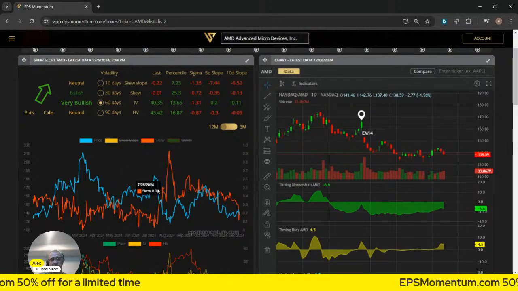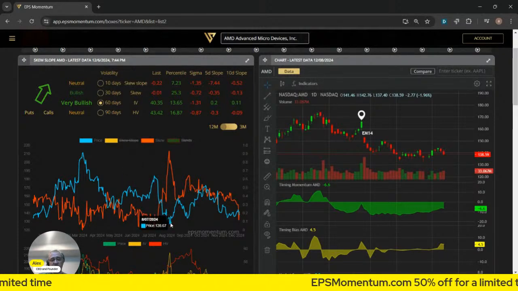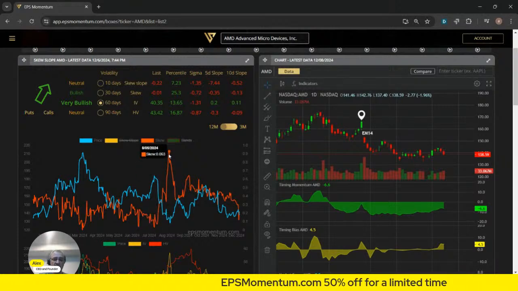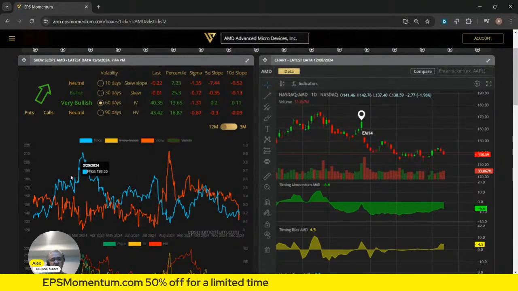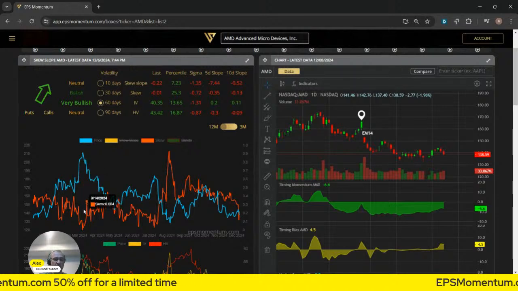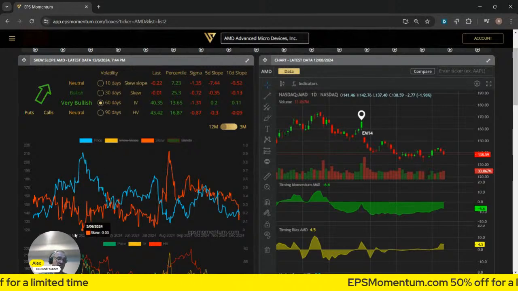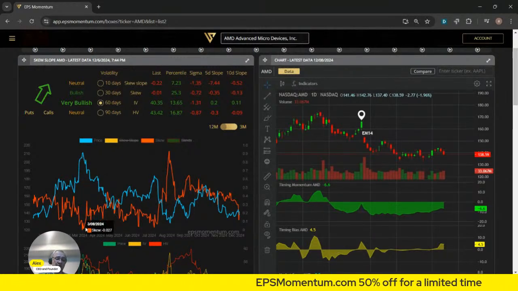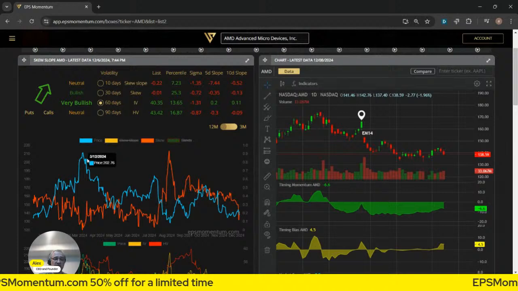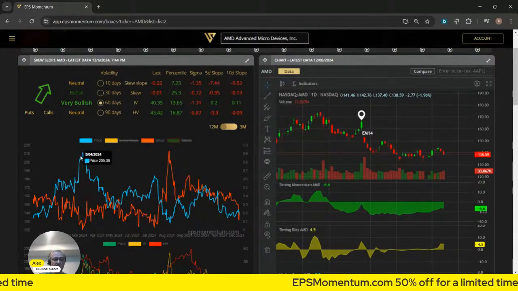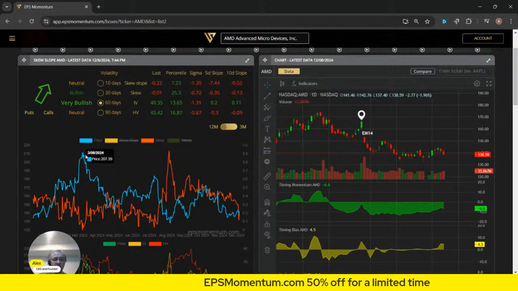So see how the skew is rallying, the put price is dropping. As the skew is improving, the price is rallying. So it's really inversely correlated to the stock. The most important thing here is the actual bottom. When the skew bottoms and turns around, that really signifies a turnaround in price, like an actual trend turnaround.